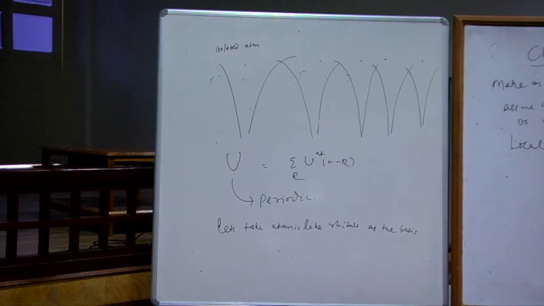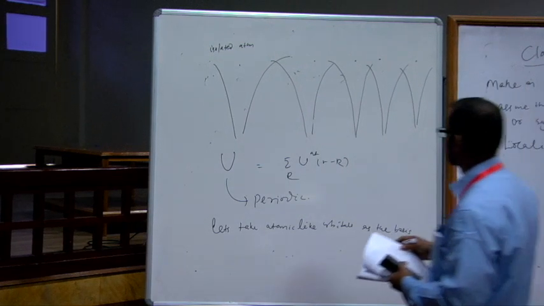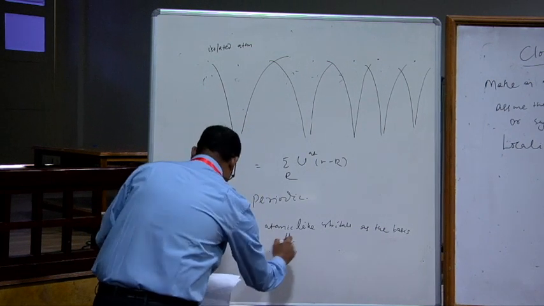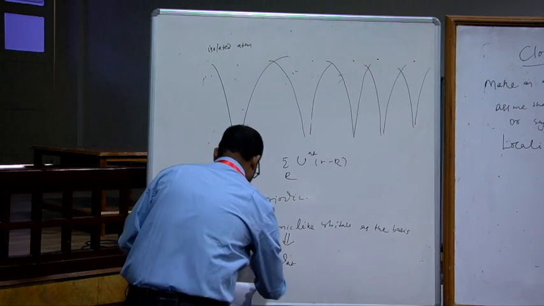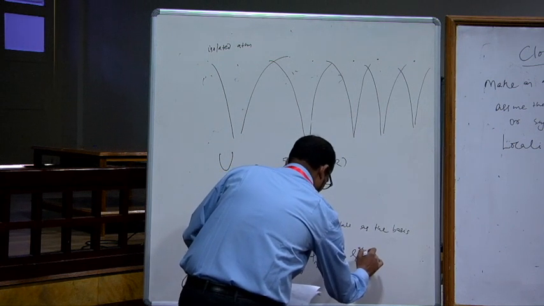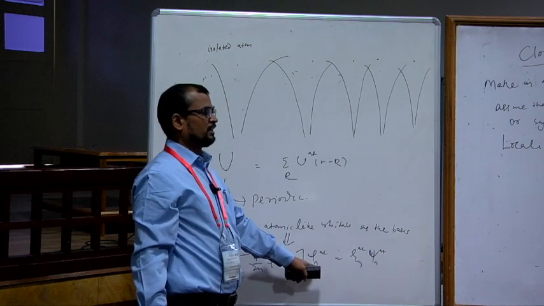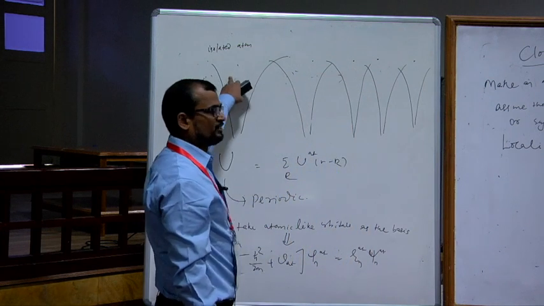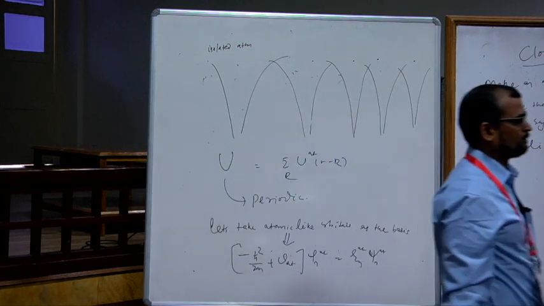Bloch's condition. So these atomic-like orbitals satisfy the equation with p squared over 2m plus U atomic. Now these atomic-like functions I am taking as my basis set. This U atomic is as if when only one atom was there, and the rest of the place is empty.